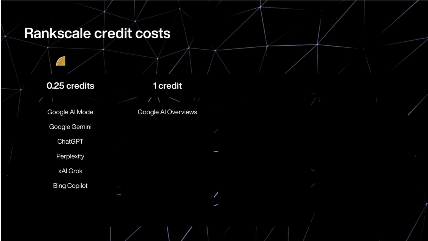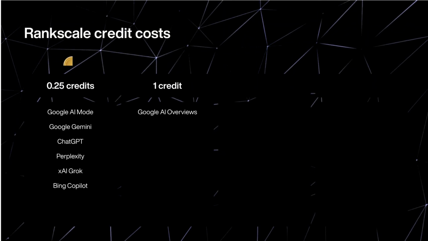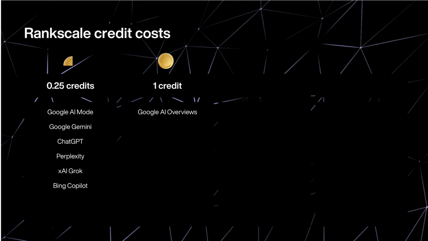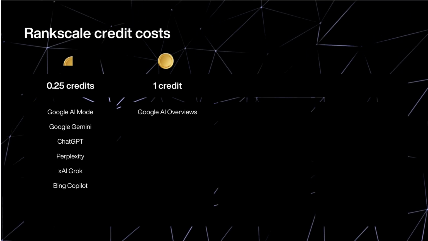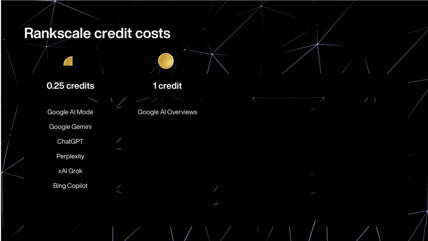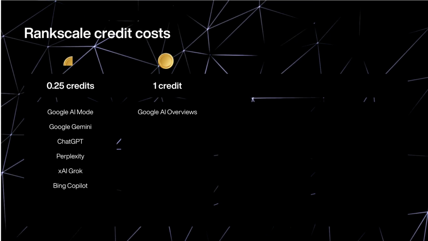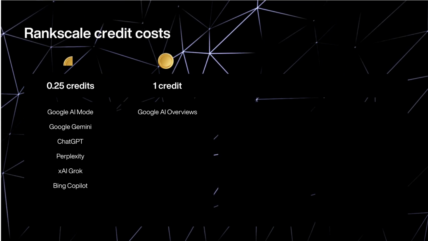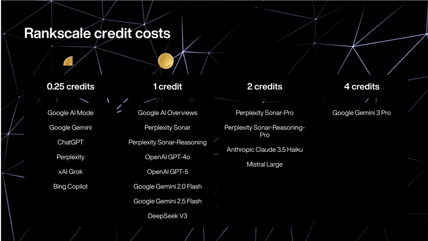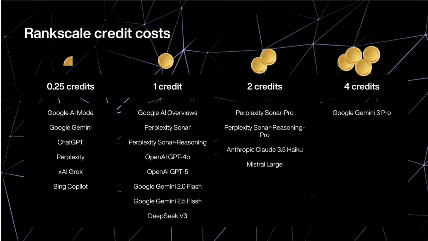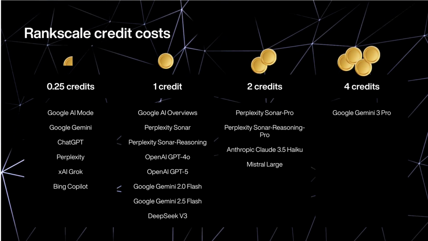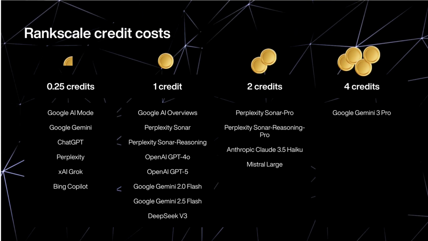All of the GUI-based models cost 1/4 of a credit to run each time, except for Google AI Overview, which costs a full credit. These are the models you'll be the most familiar with, but you can also choose from a range of API-based models for anywhere between 1 and 4 credits each, including OpenAI GPT-5 and Google Gemini 3 Pro.